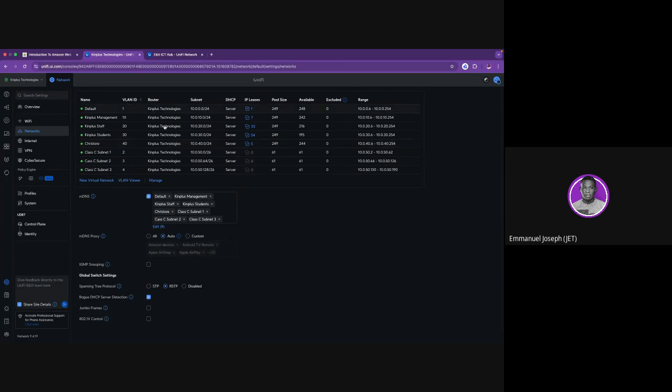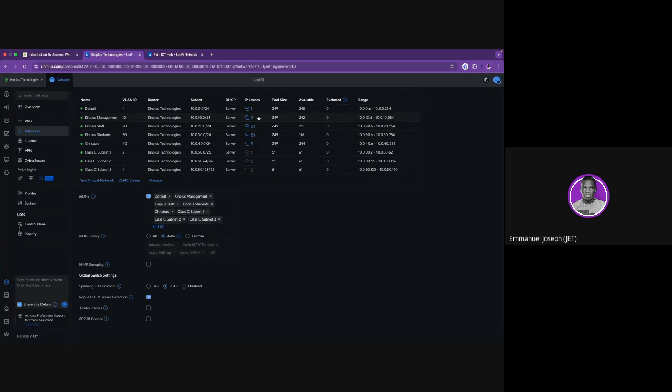So remember that each octet goes from 0 to 255. And we know that the 0 is assignable to the network and 255 is the broadcast.